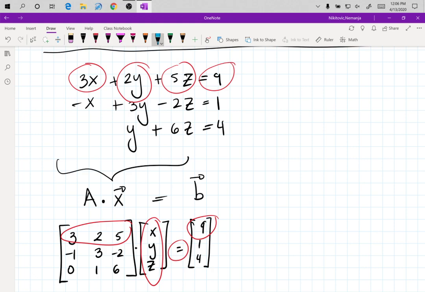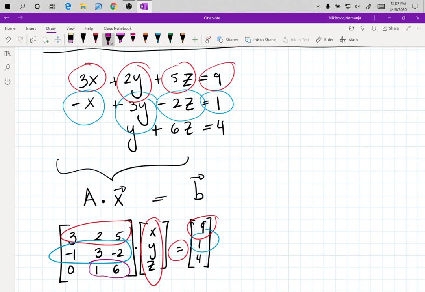And then when you have the blue one, that's negative 1 times x, 3 times y, negative 2 times z equals 1. And orange, purple, 0 times z is 0, right?